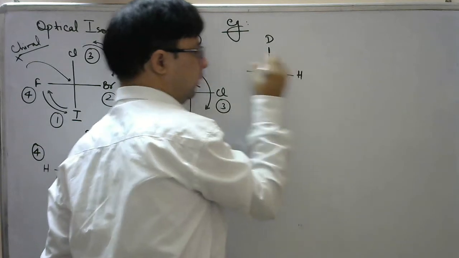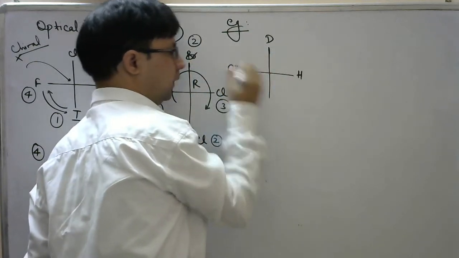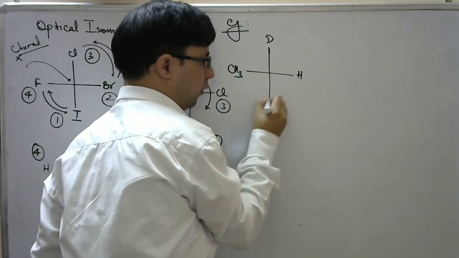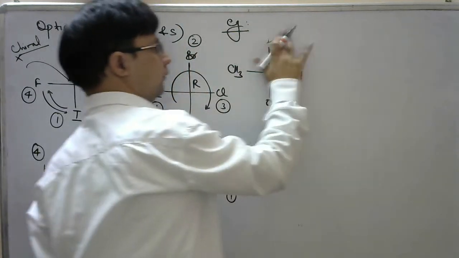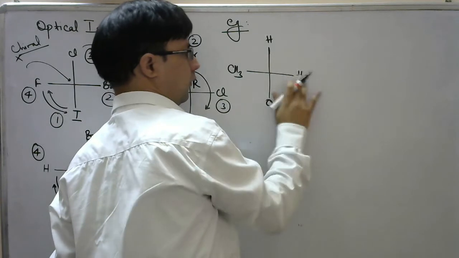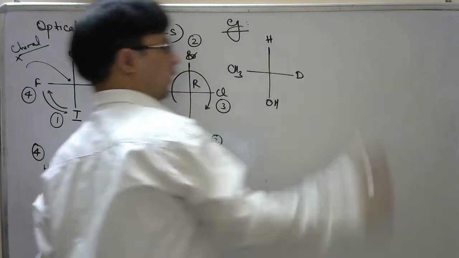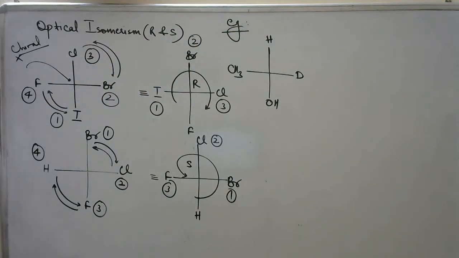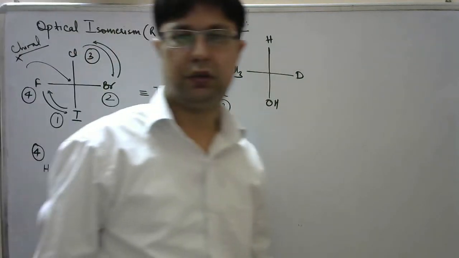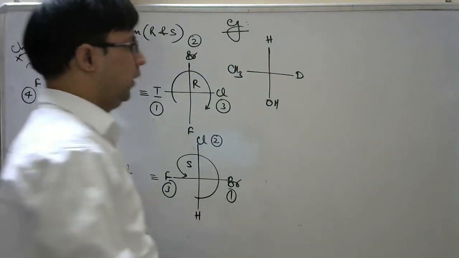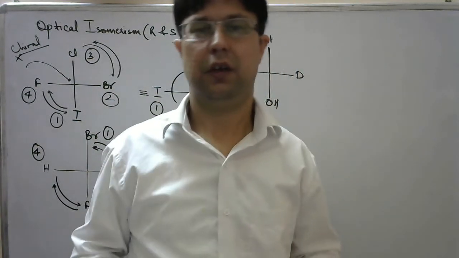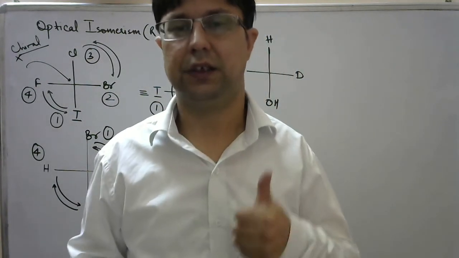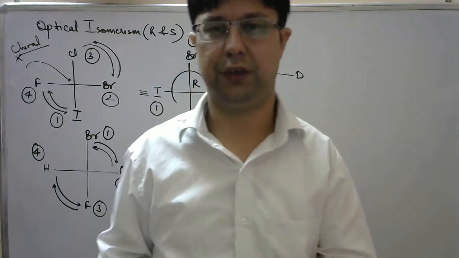This is deuterium, this is hydrogen atom, this is methyl, and this is OH group. If I have to assign the configuration of this molecule, the first step in assigning the R and S configuration is assigning priorities to the different groups.